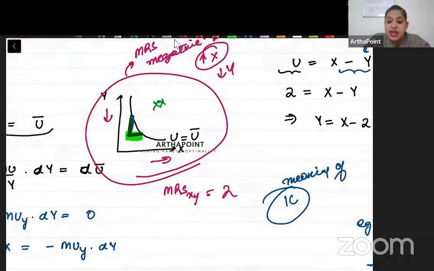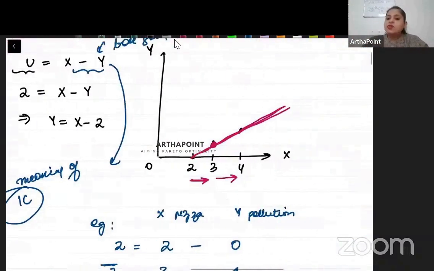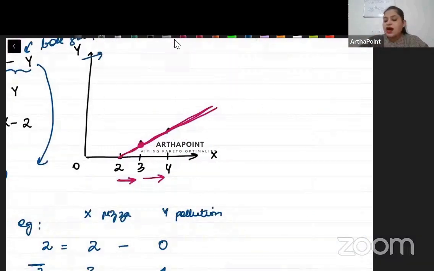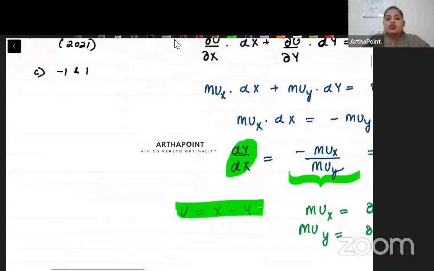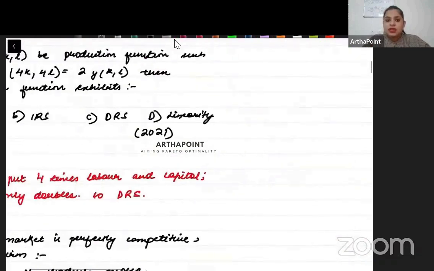I hope this is making sense, that in this case we have an upward sloping IC, which means one of these goods is in fact a bad. This is not asked. They just asked the slope. But in case they ask such questions, you should be thorough with it, right?